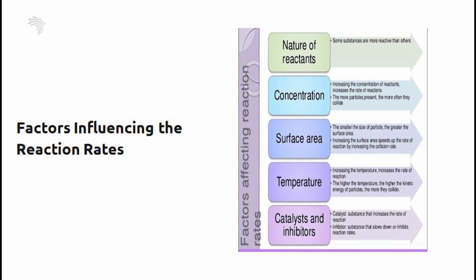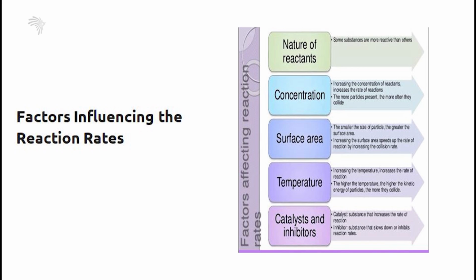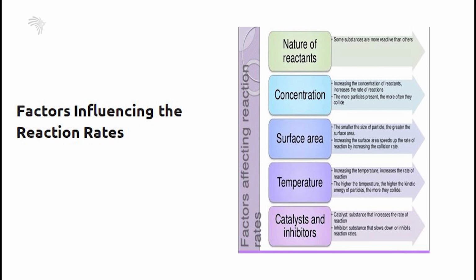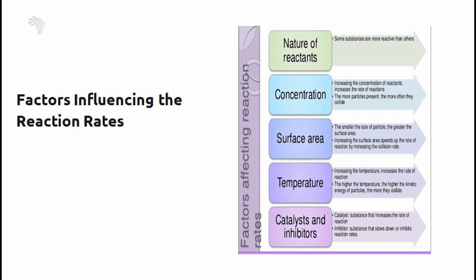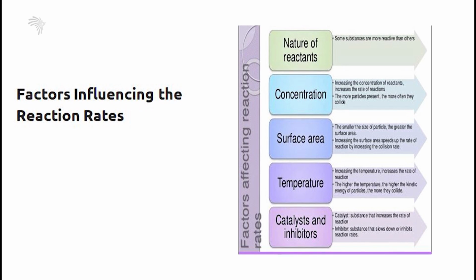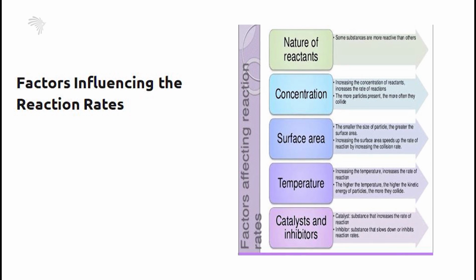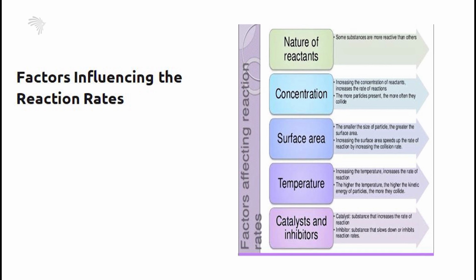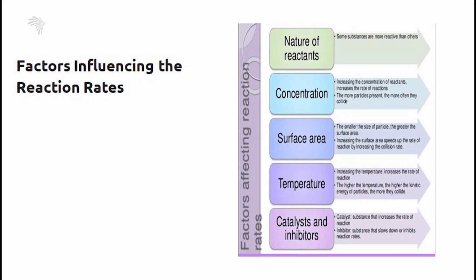The other vital point that must also be raised here in connection with chemical reactions is the factors that influence the reaction rates. So here, let me ask you one simple question. Can you mention some of the factors that directly influence a chemical reaction, or simply a reaction rate?